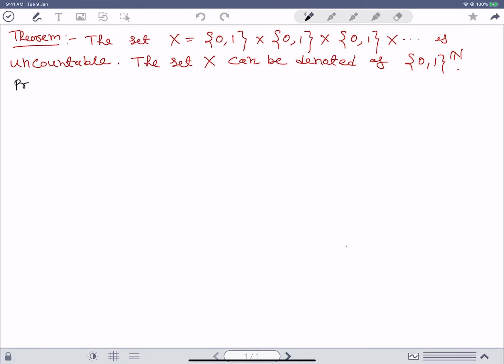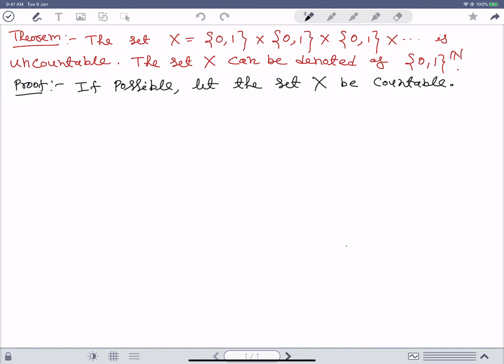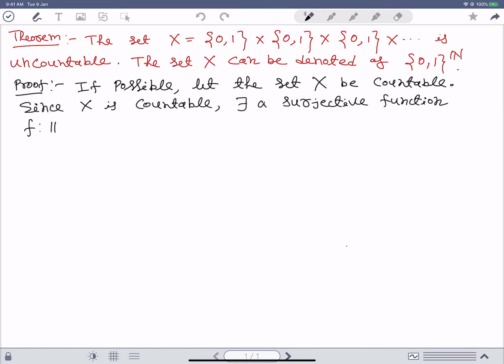Now we prove this result. So here is the proof. First we assume that, if possible, let the set X be countable. Now since X is countable, there exists a surjective function, say f, from the set of natural numbers to X, right?